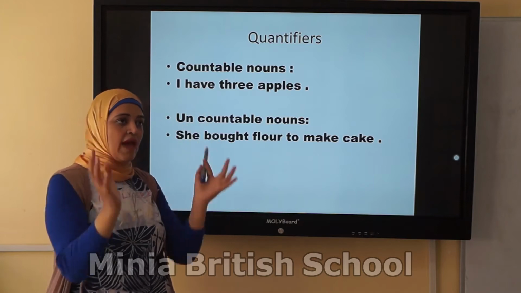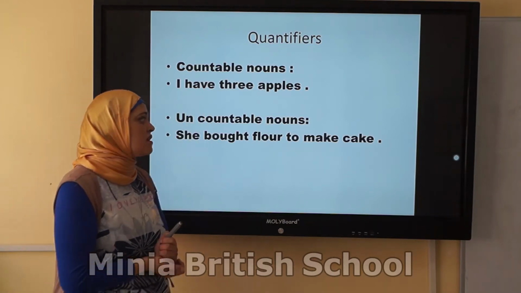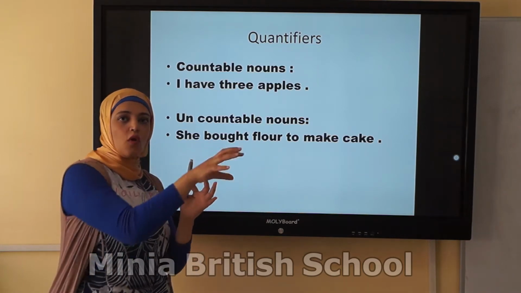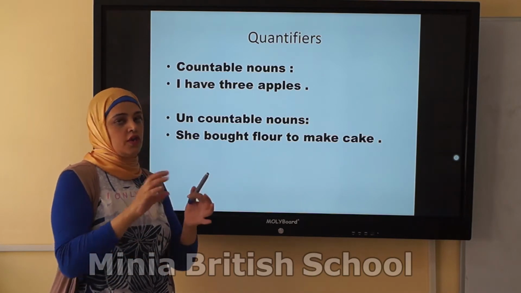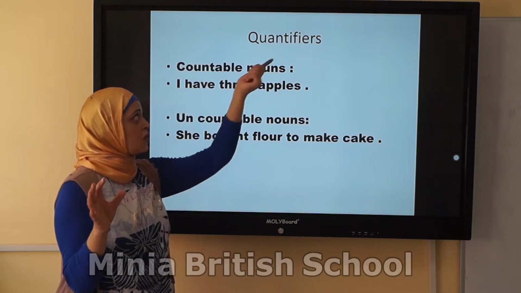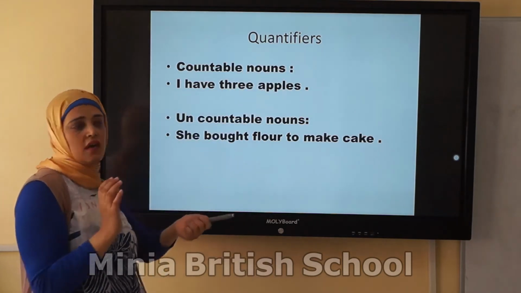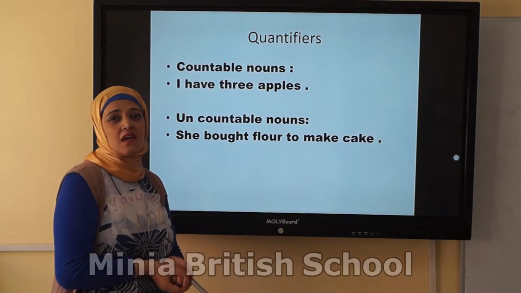It's a mass quantity, but I can say I have some of this flour. That's what we are going to talk about: which quantifiers I can use before flour, the thing that I cannot count.